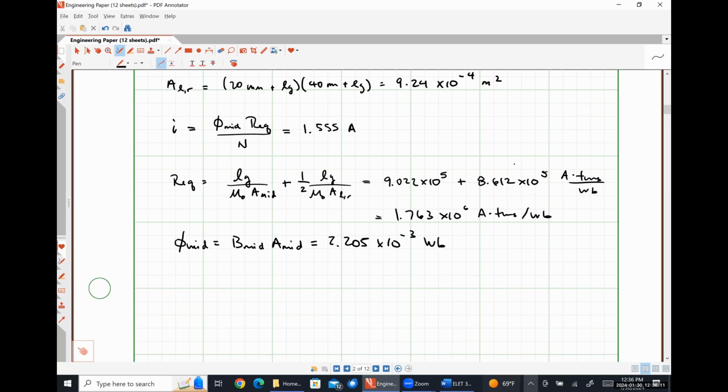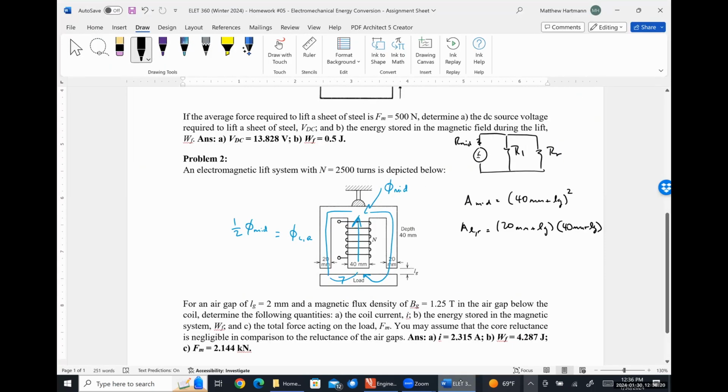Yes. Then how you got the area for left, right? Okay. So let's look at that really quickly. We're told right here that the width of the left part and the right part is 20 millimeters wide, and it's also 40 millimeters deep. Because we have an air gap, we increase the dimension by the air gap length in both directions.